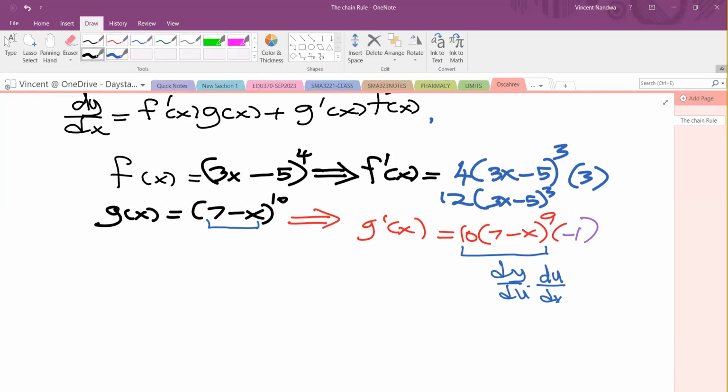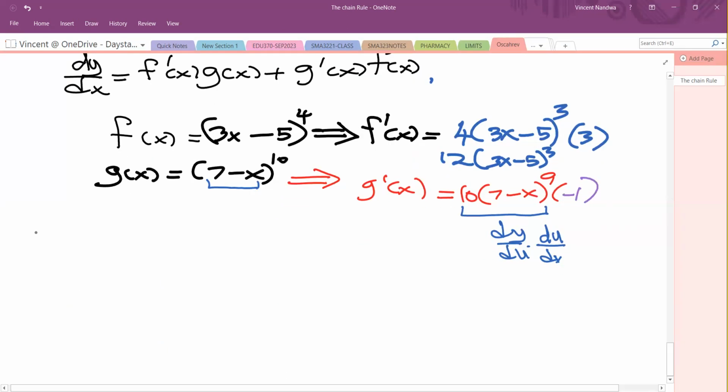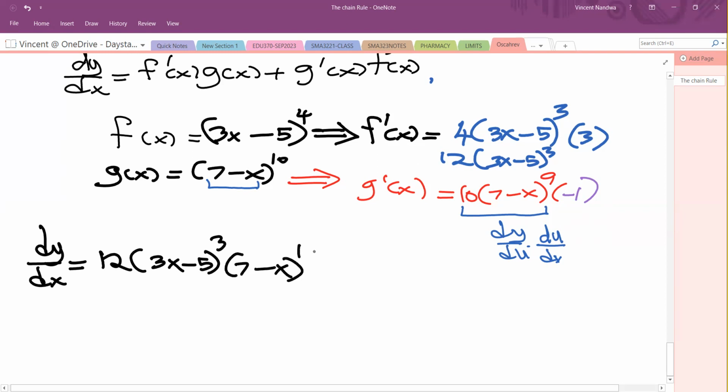So we have dy dx is given by f prime, and f prime we have gotten the answer to be 12 into 3x minus 5 power 3, and then times g of x, which is 7 minus x power 10, plus g prime of x.